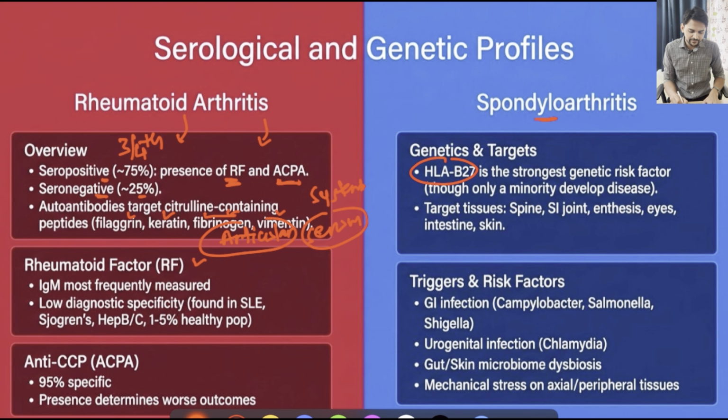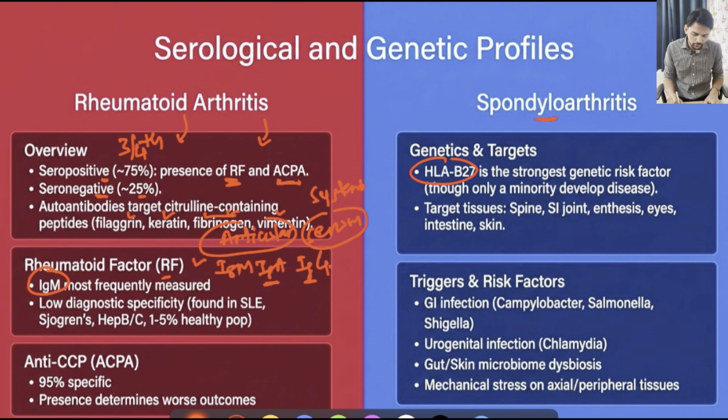Coming to the rheumatoid factor per se, it can be of any isotype among IgM, IgA or IgG. But most of the laboratories are capable of detecting only IgM. That's why in some individuals, if they are predominantly having rheumatoid factor autoantibodies of IgA or IgG isotype, the laboratory might not detect it and we might label it as seronegative. So it's not like if the RA factor is negative, the individual is not having rheumatoid arthritis.